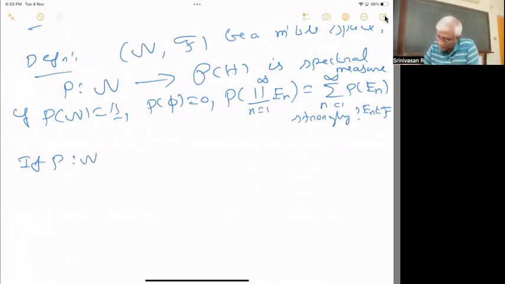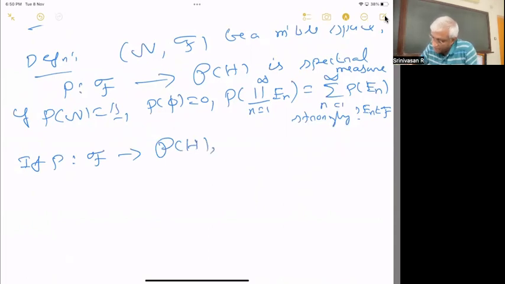I forgot, sorry. This is not correct. You should correct me. This is from script F, not from omega. That function is from script F, not omega, right? It's a set function. It's not on omega. Okay. So if we have a set function from script F to projections, then mu_xy equals mu_yx.